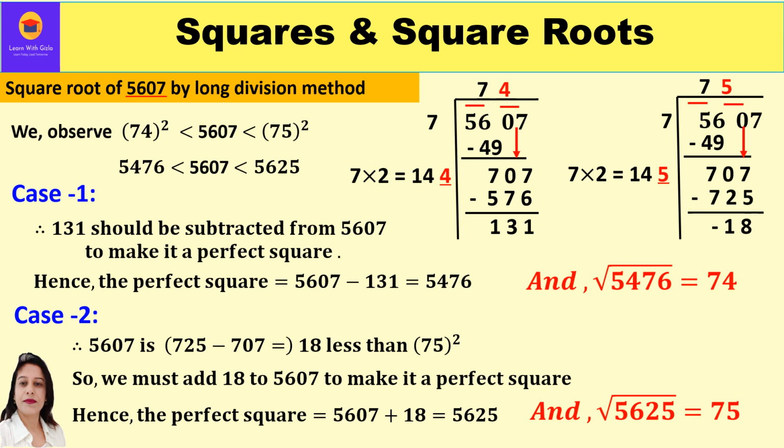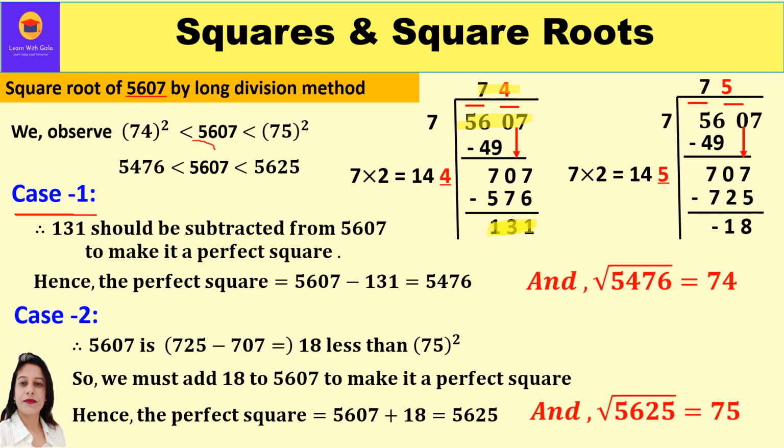So in case 1, we have to find out which number should be subtracted. For that we will solve 5607 by the long division method. We shall get the remainder 131 with the quotient 74. That means 131 is extra over here, which we can subtract from 5607.